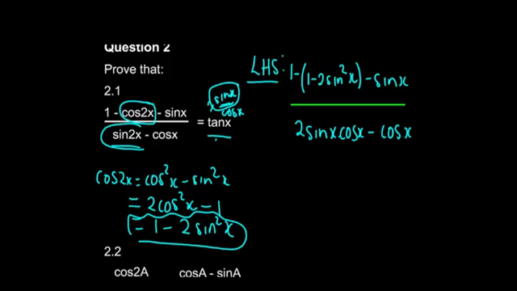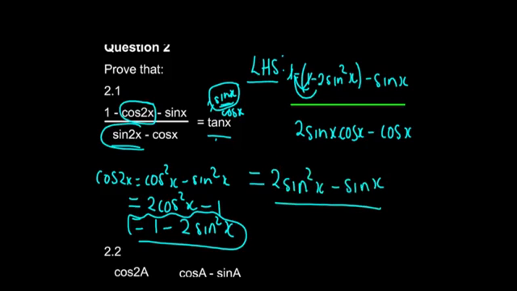All right? In the numerator, I've got 1 minus 1. If I times the minus through, 1 minus 1 will just cancel. Minus times the minus is a plus, so I end up with 2 sine squared x minus sine x all over 2 sine x cos x minus cos x.